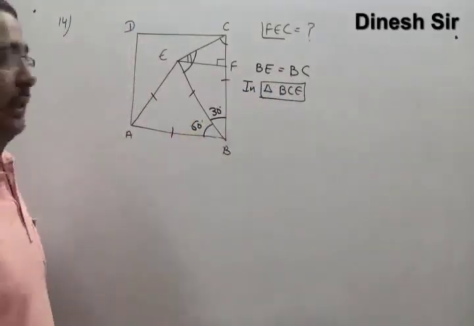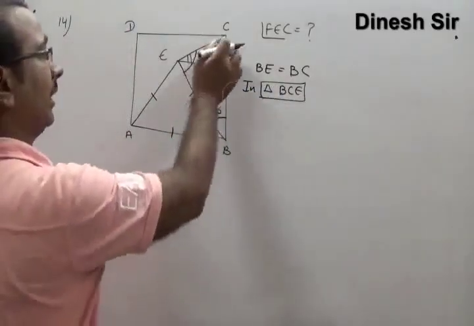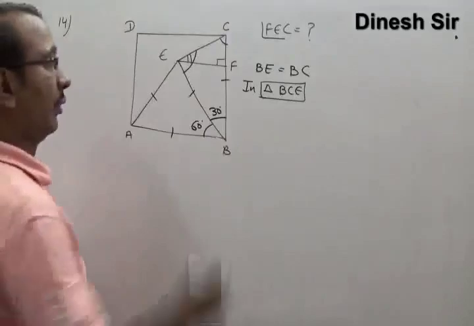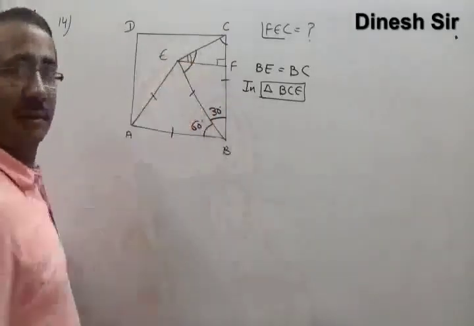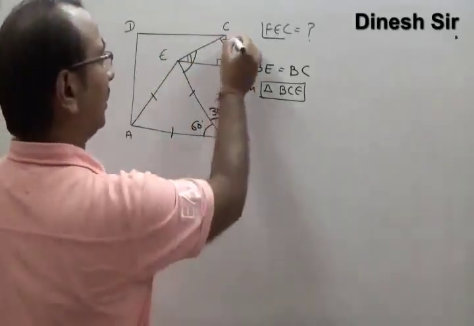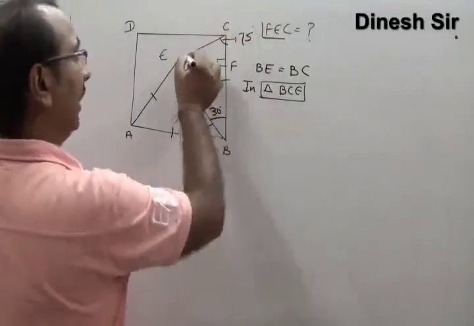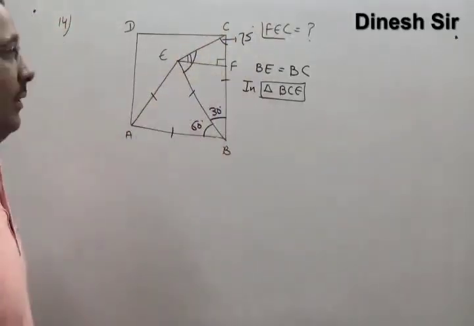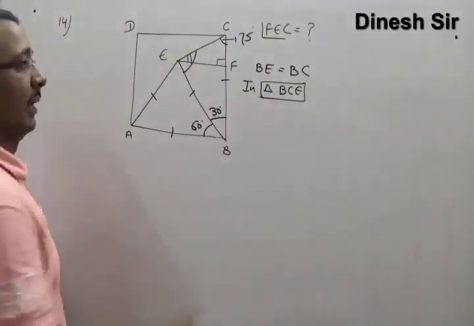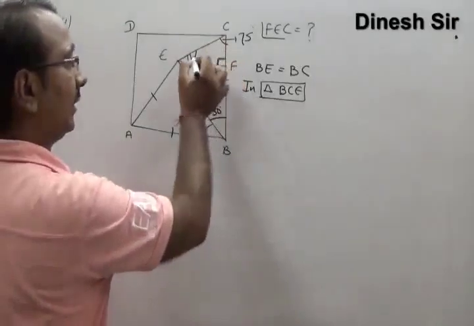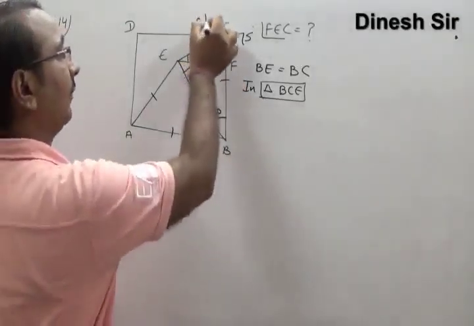This angle is 30, so the sum of the remaining two angles is 150. Because these two sides are equal, these two angles are also equal. So this angle is 75 and this angle is also 75. Now if this is 75 and this is 90, the angle left is equal to 15 degree.